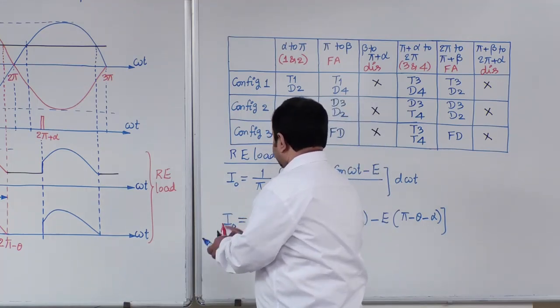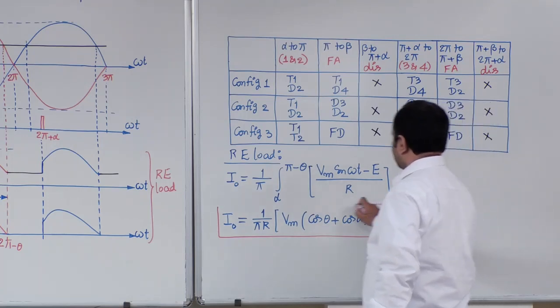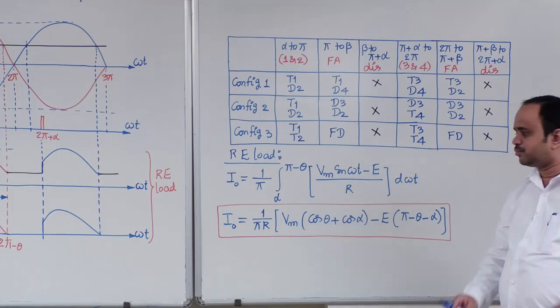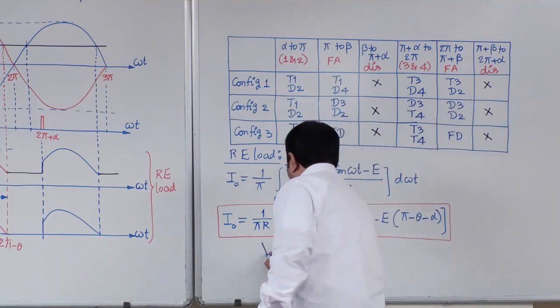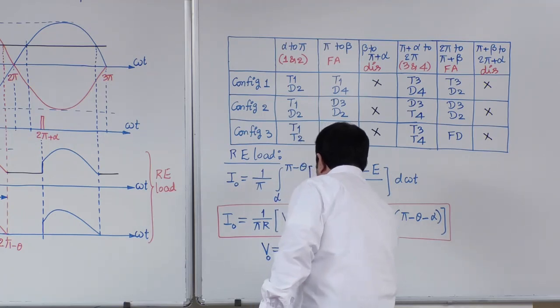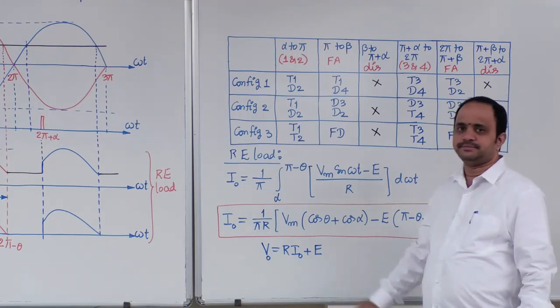This is the expression for average output current. Now, from this, average output voltage can be written as R into I0 plus E.